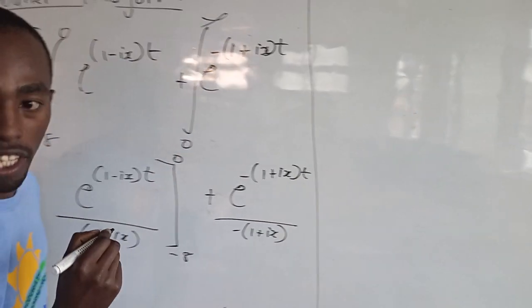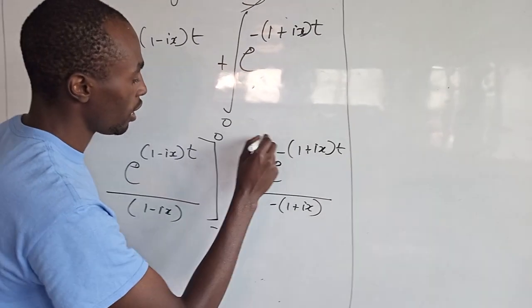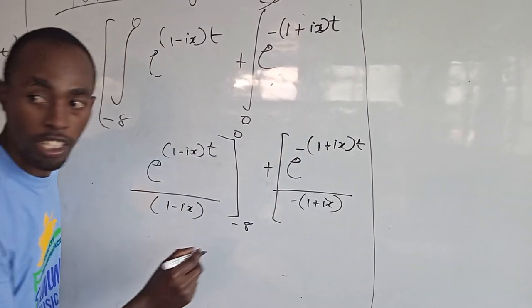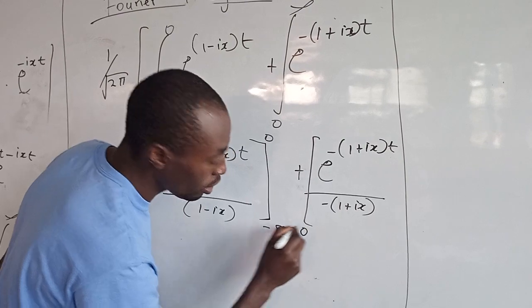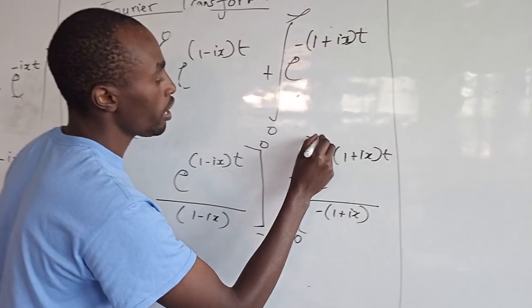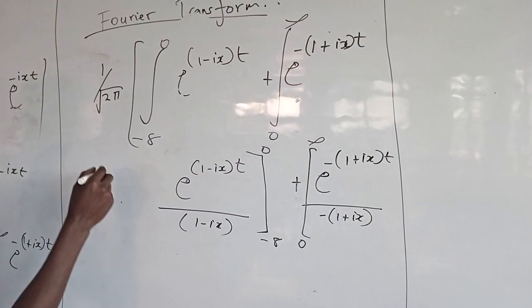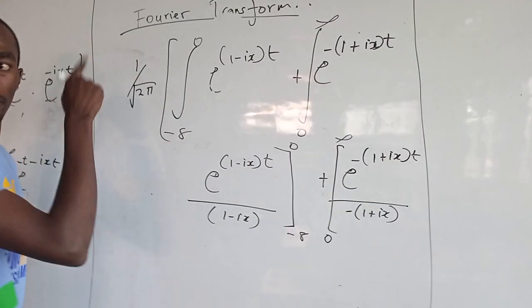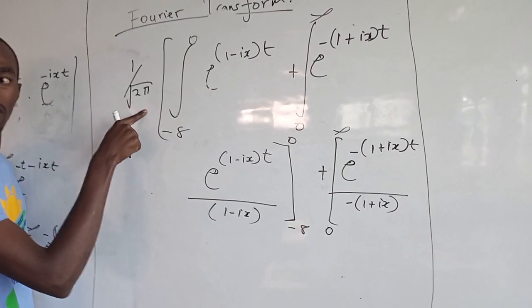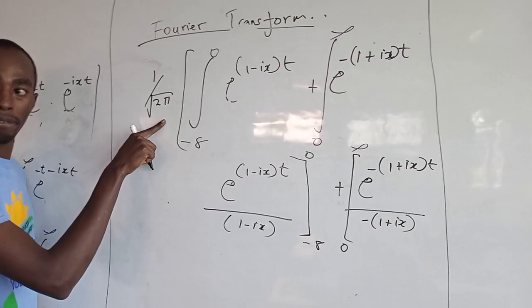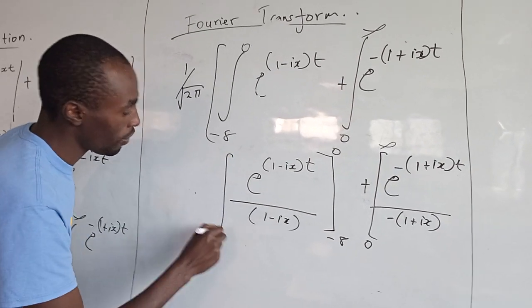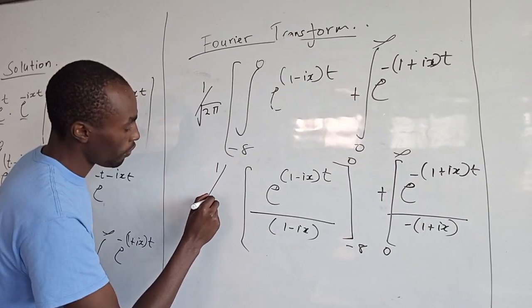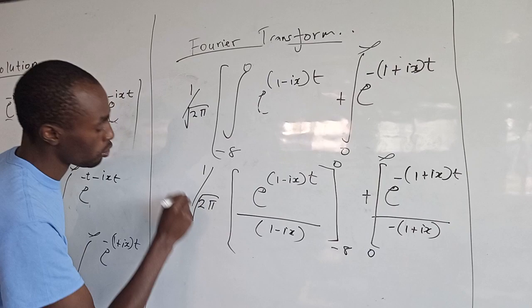Remember the limit? The limit is from 0 to infinity. But I told you previously, don't forget this 1 over root 2 pi, because it is going to affect our solution.